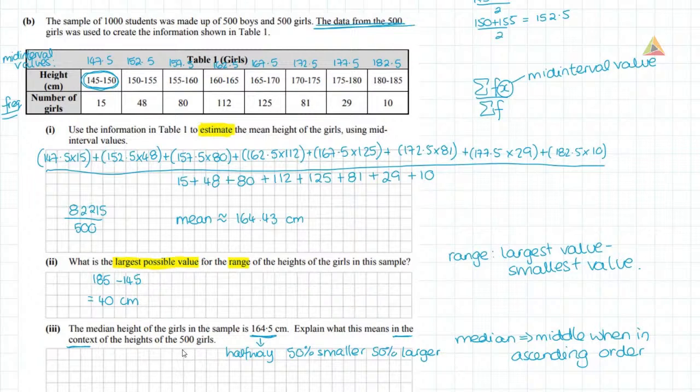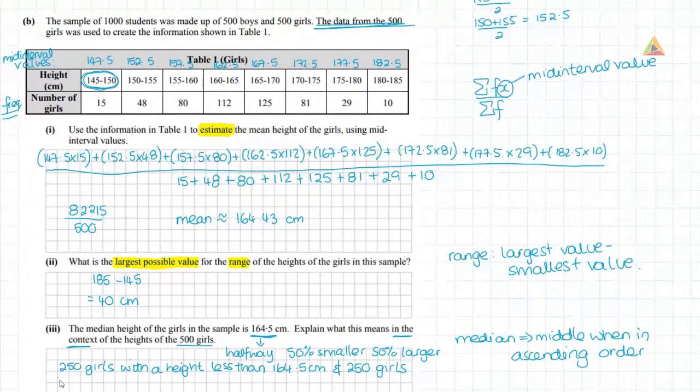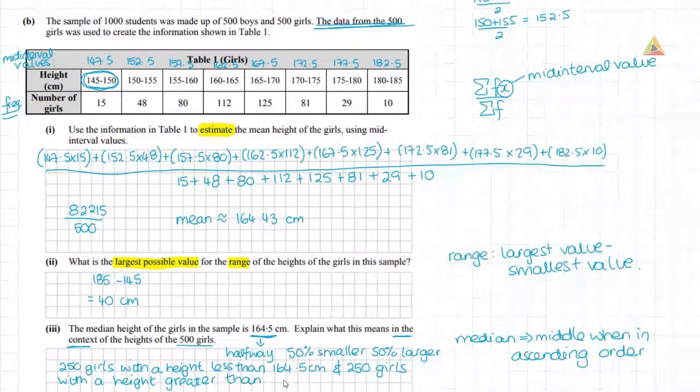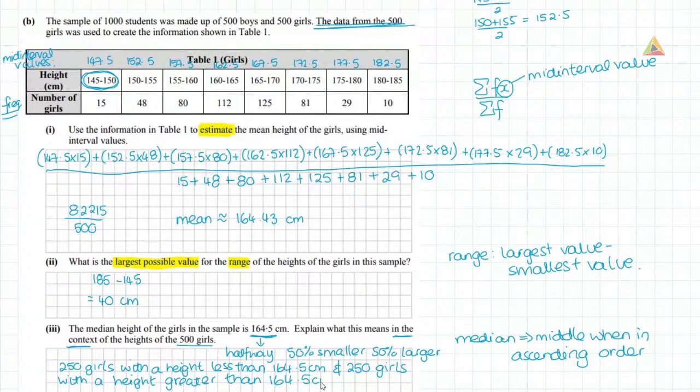So in the context of the height of the 500 girls, it means there are 250 girls with a height less than 164.5 centimetres and 250 girls with a height greater than 164.5 centimetres.